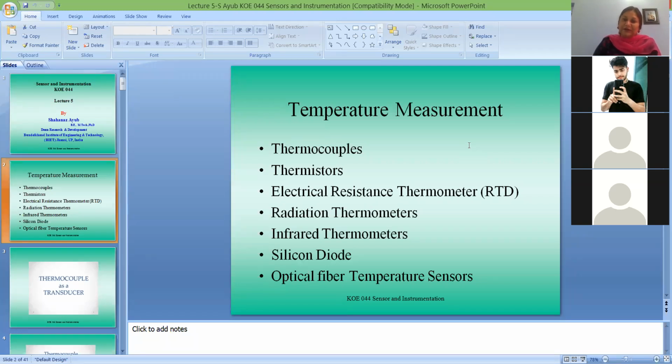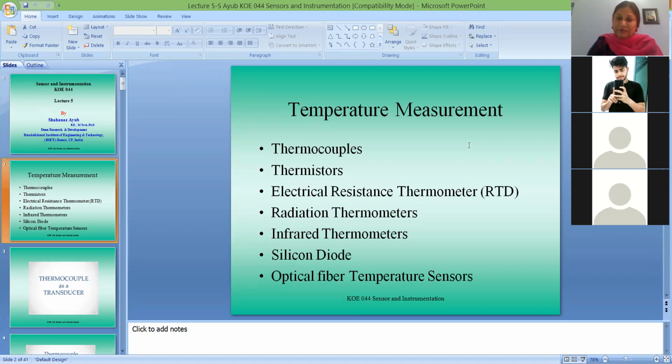Suppose it is 700 millivolt, then for a 1 degree change in the temperature, it will go to 698 millivolt or 702 millivolt, depending upon the rise or decrease in temperature. So for every degree Celsius, there is a change in the forward bias voltage of silicon diode by 2 millivolt.